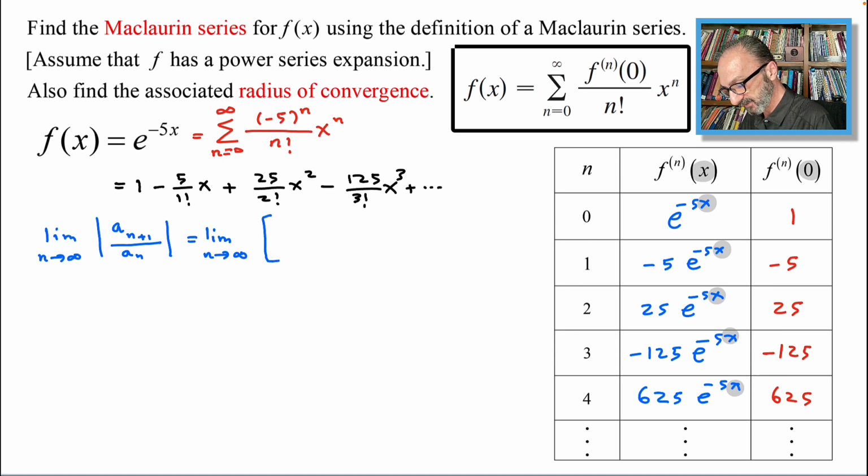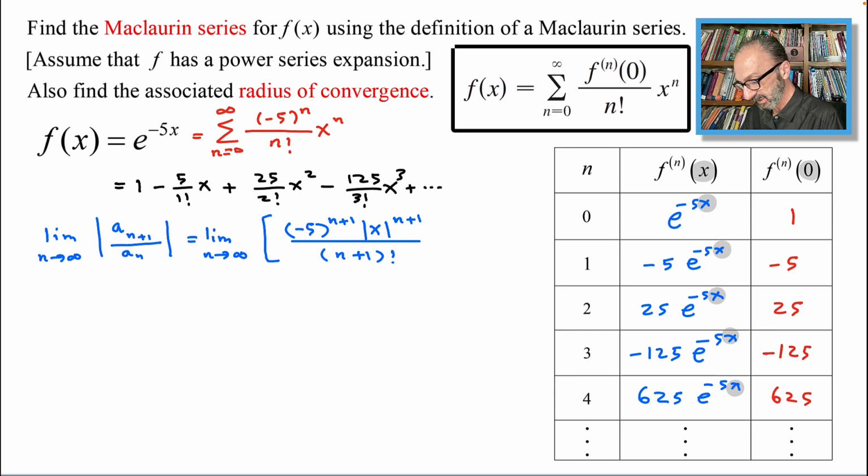So we have minus 5 to the power n plus 1 times, since we have the absolute value, absolute value of x to the power n plus 1 over n plus 1 factorial. That is my a sub n plus 1.